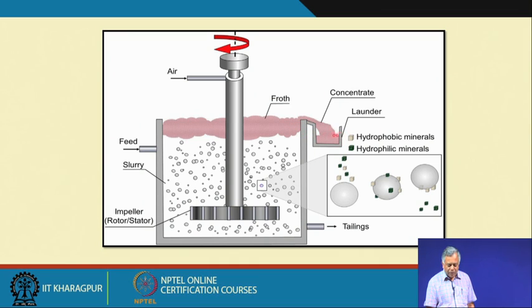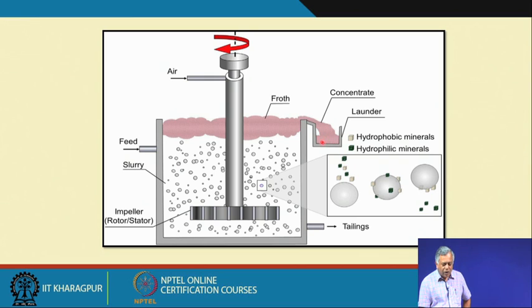So, that means you have now collected your hydrophobic material here, and while transferring, some of your air bubbles will automatically burst, because of the atmospheric pressure and many other reasons.